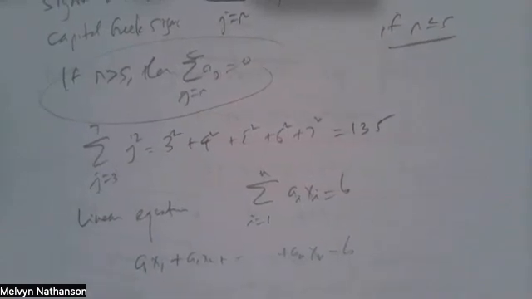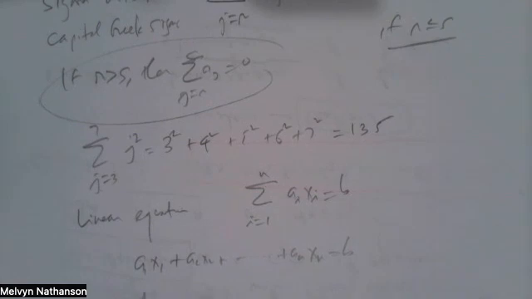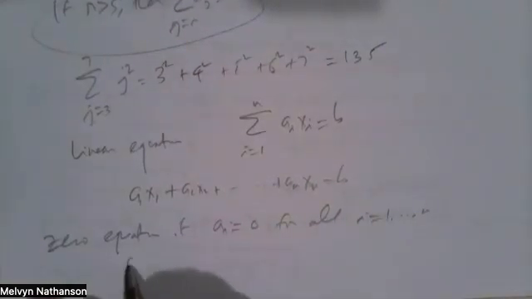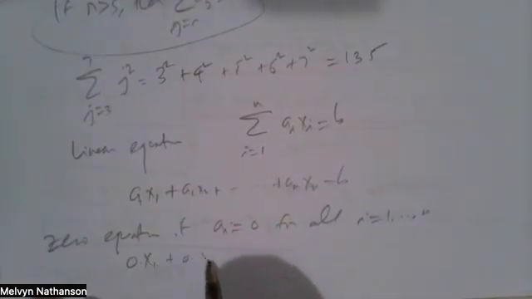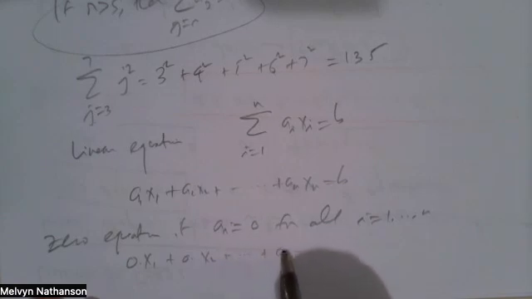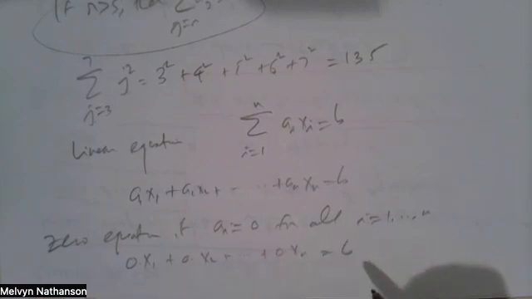This is called the zero equation. If all the coefficients ai are 0, ai equals 0 for all i from 1 up to n, then the equation is just 0 times x1 plus 0 times x2 up to 0 times xn equals b.